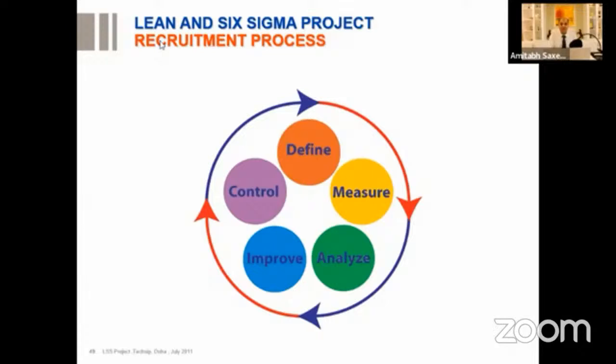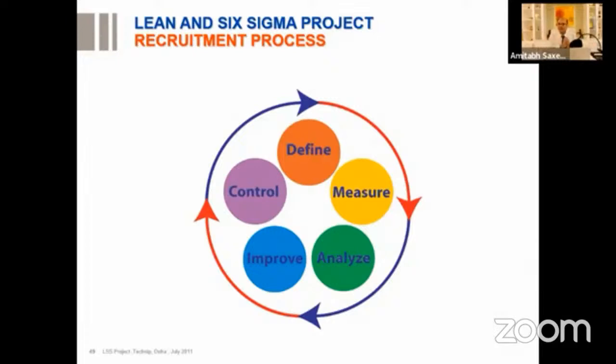Don't jump to conclusions right in the beginning. Don't give solutions in the beginning. That is what we have to do. Typically, we give solutions.